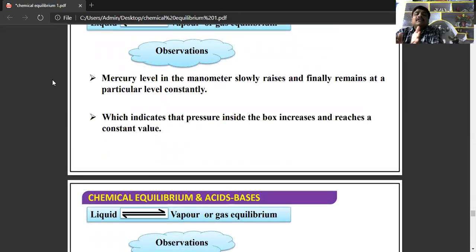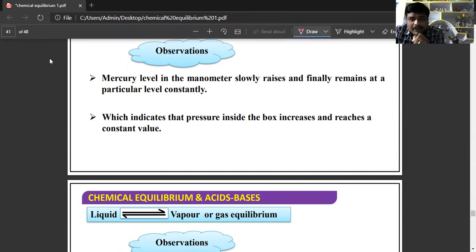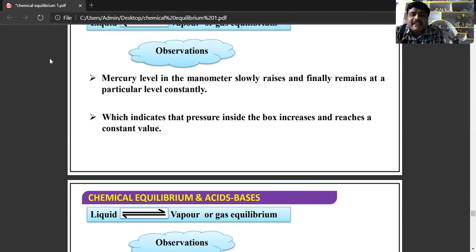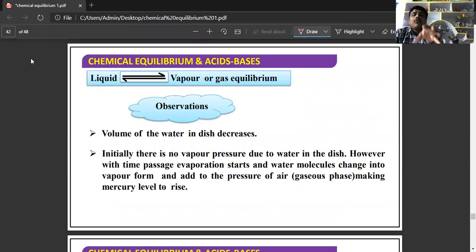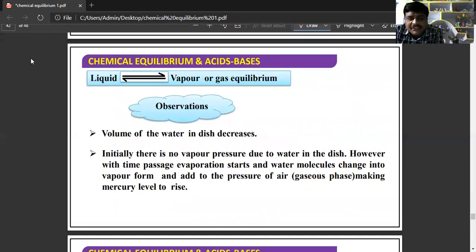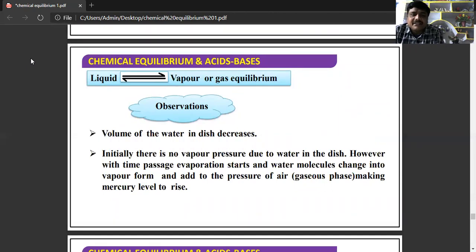What happens? The mercury level in the manometer slowly rises and finally remains at a particular level constantly, which indicates that the pressure inside the box increases and reaches a constant value, and the volume of water in the dish gradually decreases.